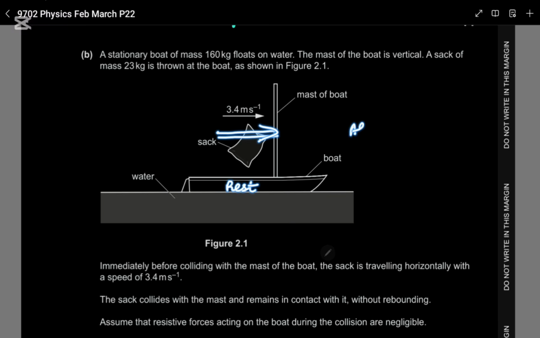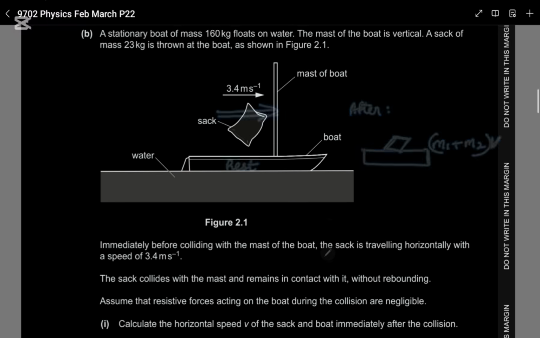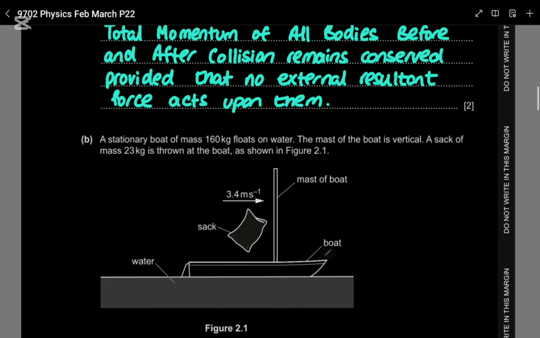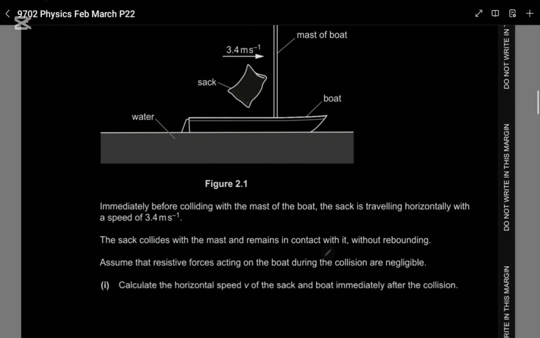Now what happens after is that this is the boat, alright, and the sack is part of it now, okay. So the combined mass into the velocity, okay. I hope you get the clue from here, okay. Obviously we are going to use conservation of momentum, okay.